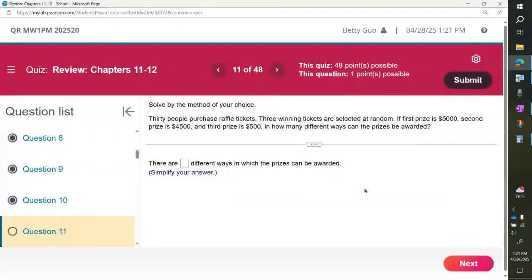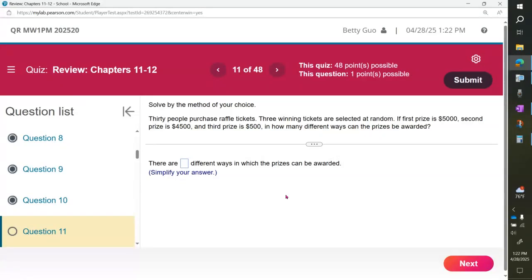Not bad. We have finished 10 questions. Number 11. Solve by the method of your choice. 30 people purchase raffle tickets. 3 winning tickets are selected at random. First prize $5,000, second prize $4,500, and third prize $500. In how many different ways can the prizes be awarded?